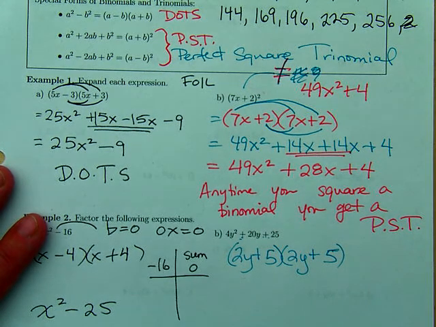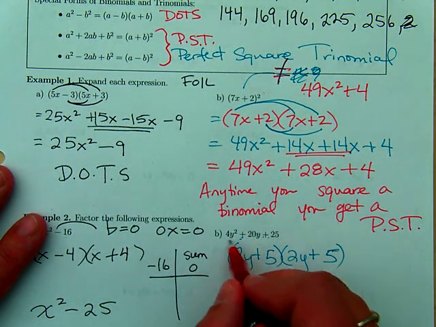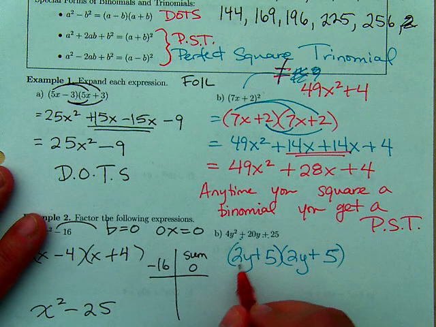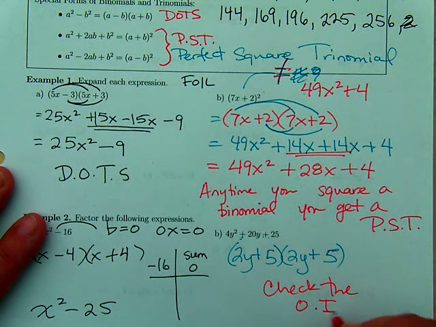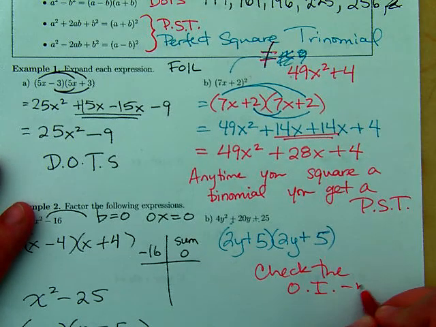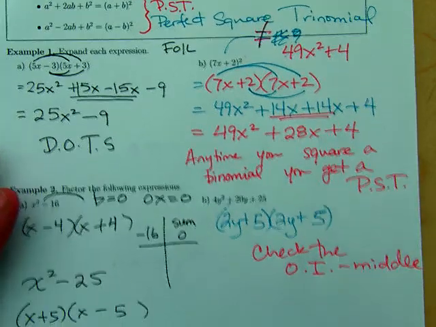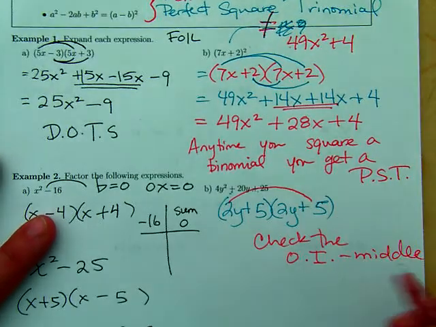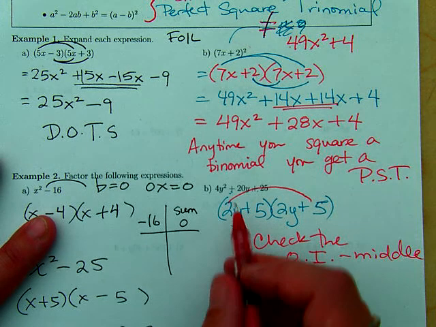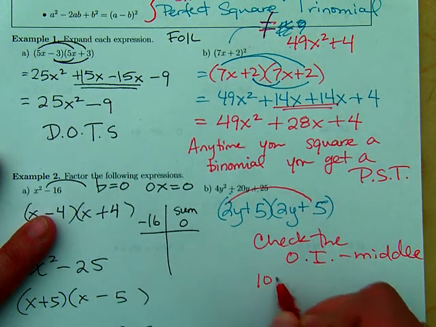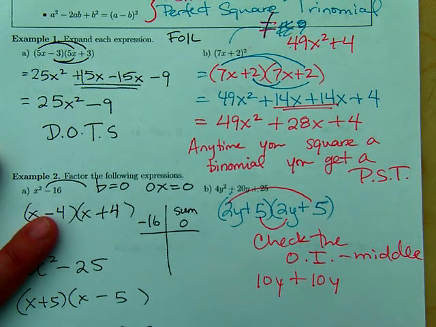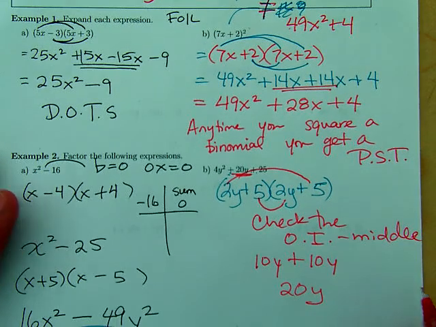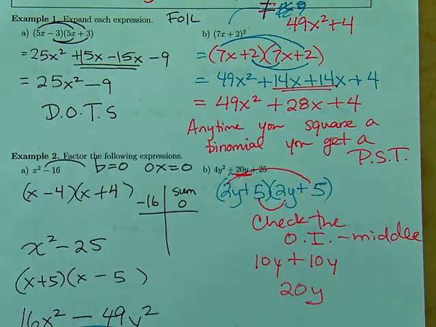Positive, positive. And what you'll notice if we already know that the first and the last are going to work. Let's check the OI, the middle, right? Let's just check the middle. Outside, what's outside going to be if we multiply? 10y. What's the inside going to be? 10y. What do those add together to? 20y.